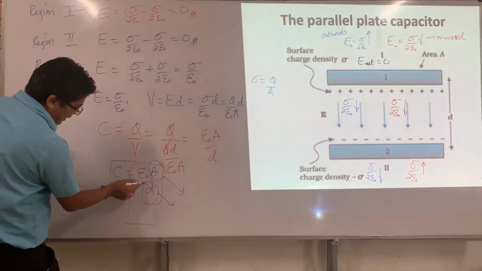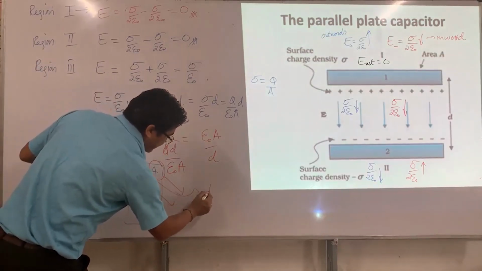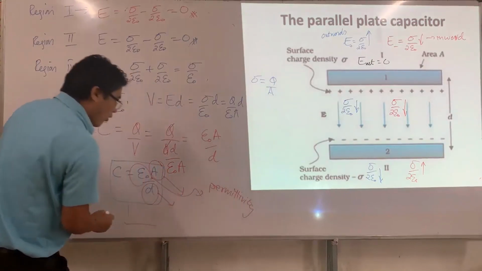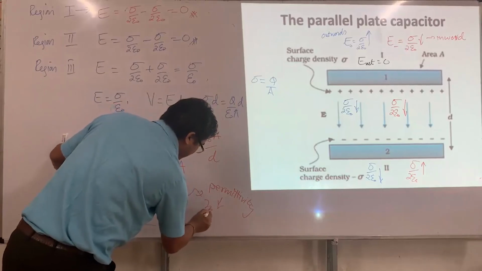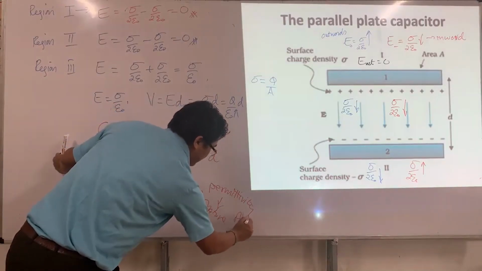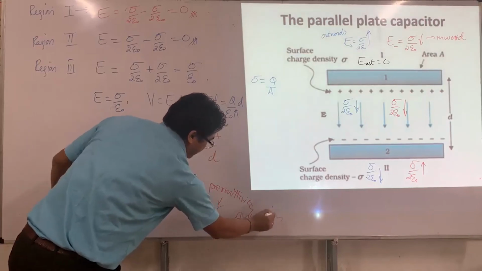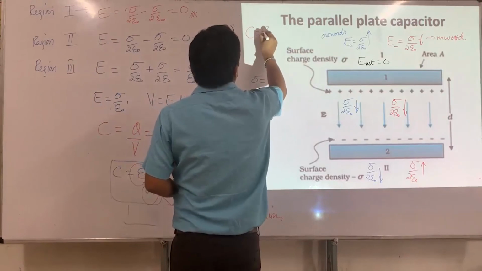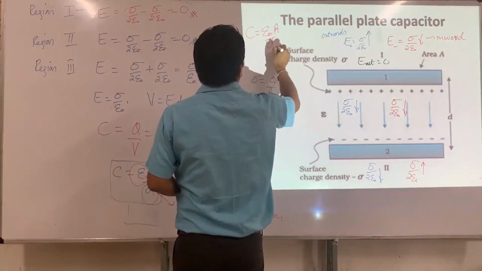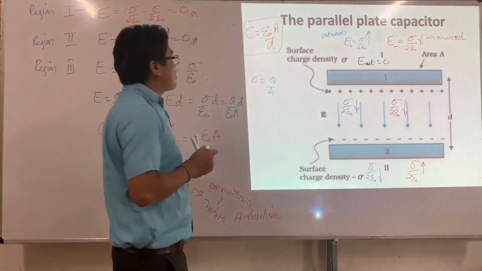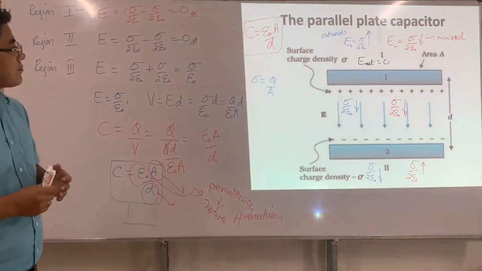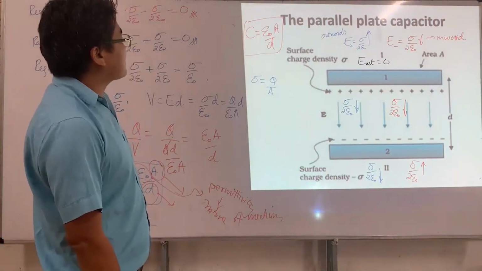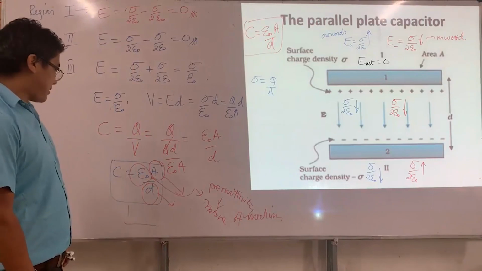And this is what we call permittivity, electric permittivity, the nature of the medium. So finally, capacitance is equal to epsilon naught A by d. This is an expression for capacitance. This is how we derive the capacitance of a parallel plate capacitor.